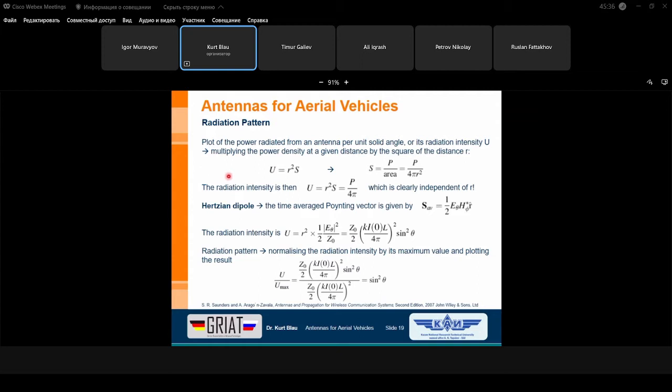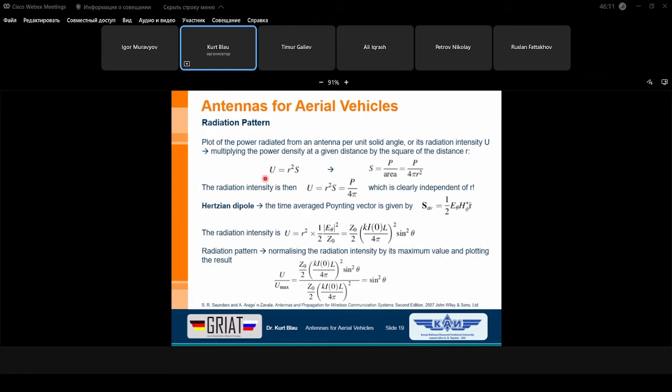If we want to plot the power radiated from an antenna per unit solid angle, or its radiation intensity U, then we only have to multiply the power density at a given distance with the square of the distance. I try to explain this a little bit more. This is a general expression, the so-called radiation intensity.